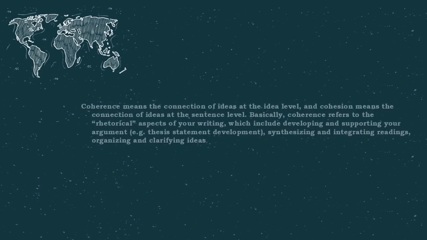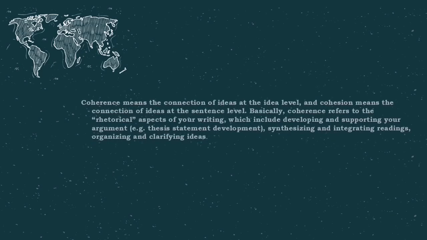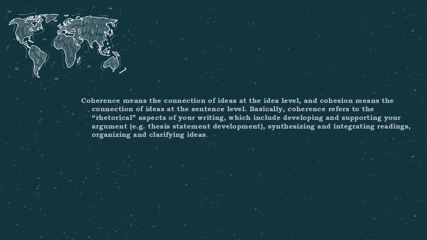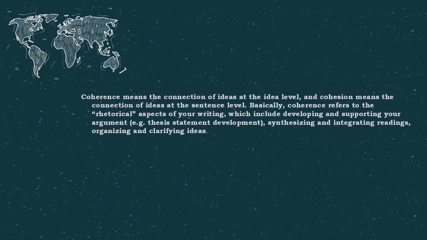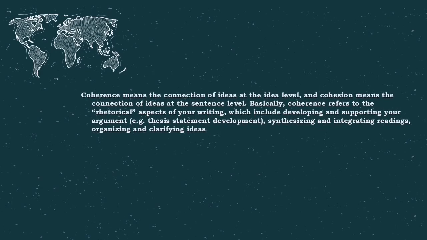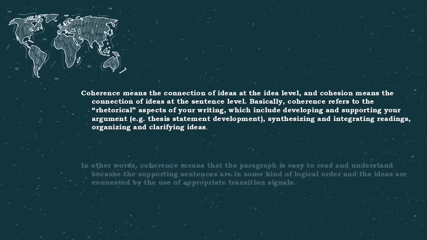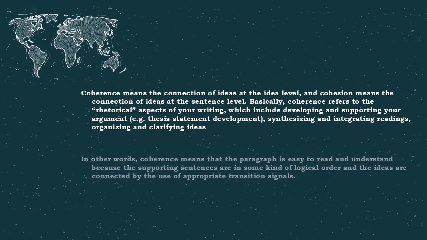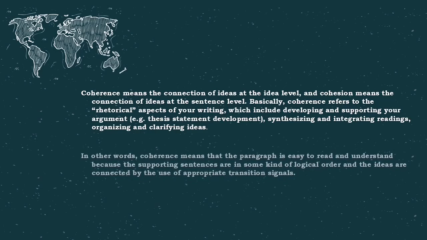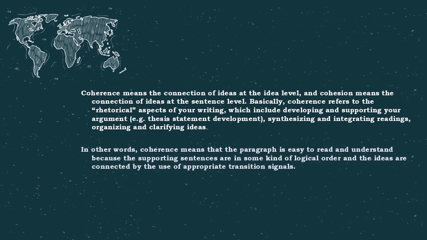Basically, coherence refers to the rhetorical aspects of your writing, which includes developing and supporting your argument, thesis statement development, synthesizing and integrating readings, organization, and clarifying ideas. And then, in other words, coherence means that the paragraph is easy to read and understand because the supporting sentences are in some kind of logical order and the ideas are connected by the use of appropriate transition signals.